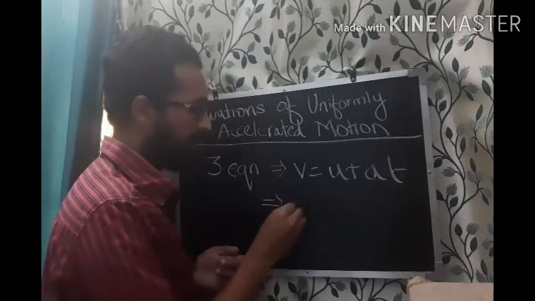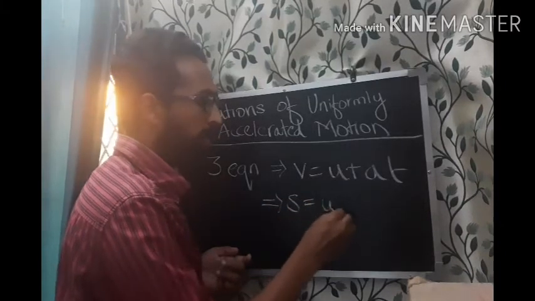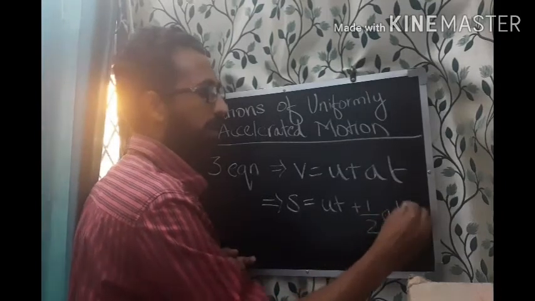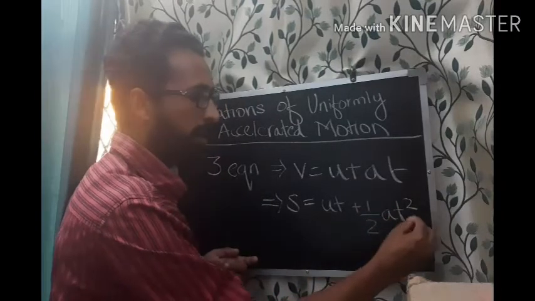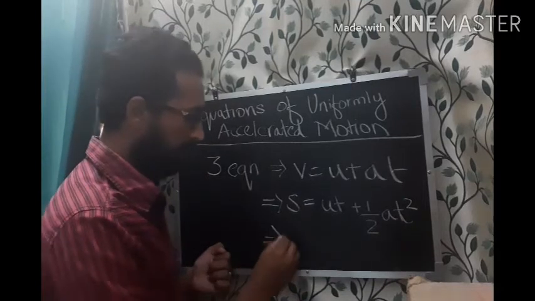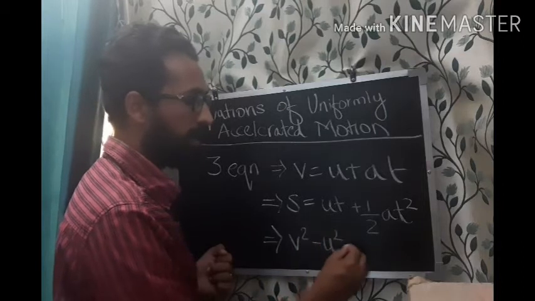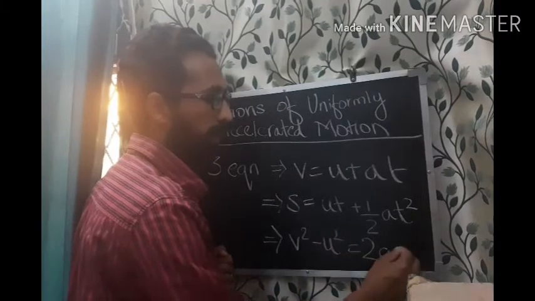Second is s equals ut plus half at square, and third is v square minus u square equals 2as.